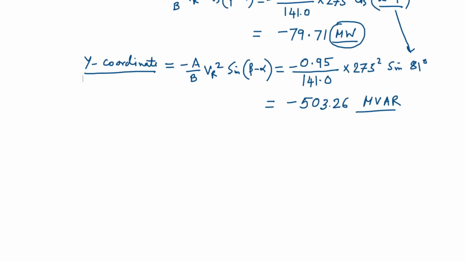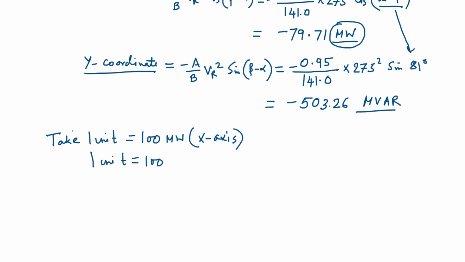Now after computing these three, we take 1 unit of graph paper equal to 100 megawatt along the x-axis. Also 1 unit is equal to 100 megawatt along the y-axis.